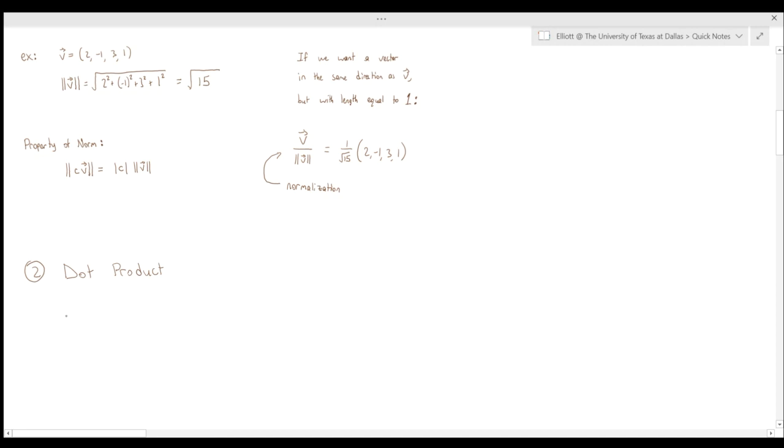So first, just a definition. Let's say we have two vectors u and v. I'll assume these are vectors in Rn so that they have n components.